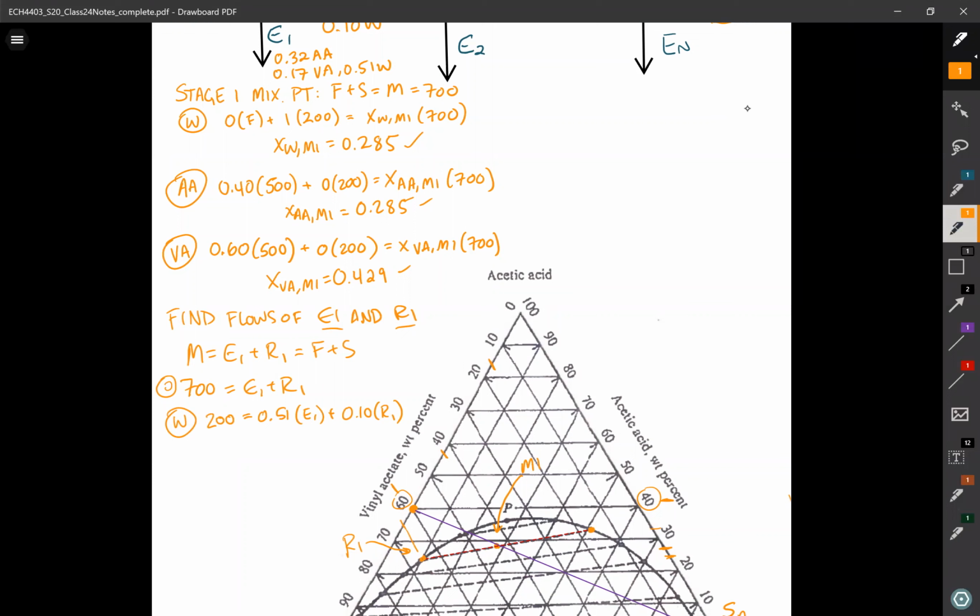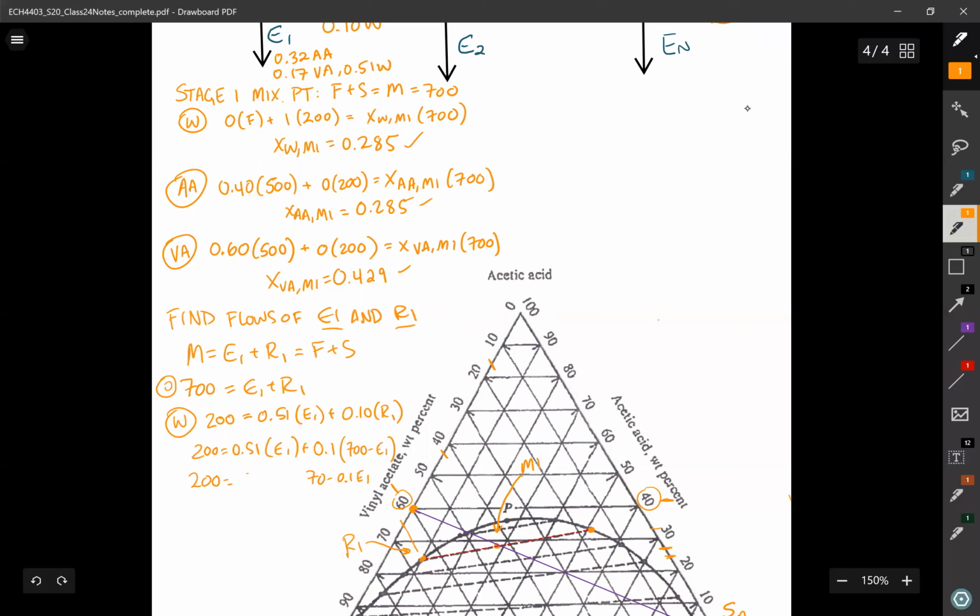Plugging in for R1 into the water balance gives me 200 is 0.51 times E1 plus 0.1 times 700 minus E1. So distribute the 0.1 to give me 70 minus 0.1 E1.